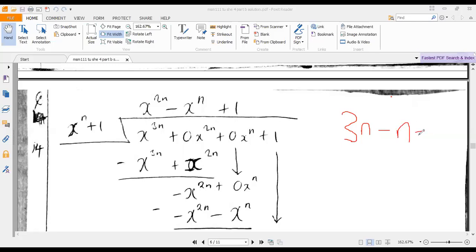So when you do this, you find that it will give you 2n. So this x to the power 2n is the one we are having here. This is the 0 times x to the power 2n. So we have noticed that these powers are reducing by n each time. So when you do the same here, you take x to the power 2n minus n, you have x to the power n.